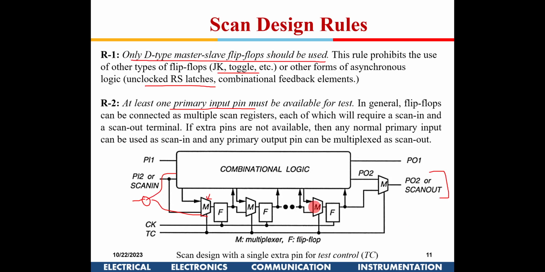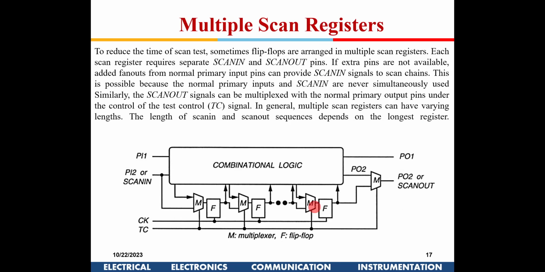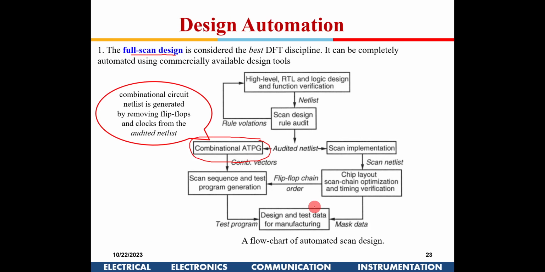So we will remove all the flip-flops and run ATPG and find out all the test vectors. Those test vectors can be put into those flip-flops. This is known as the full scan design method.